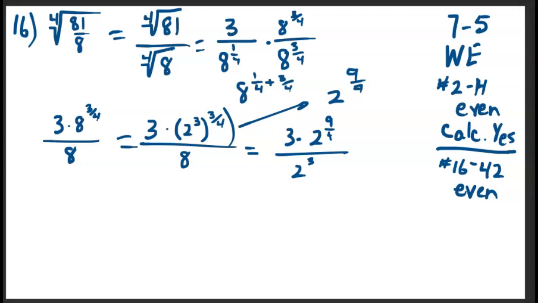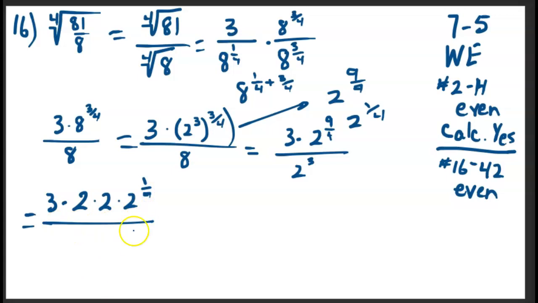And you might think, well, why am I doing that? Well, let's think about what we have on top. 2 to the 9/4 is really 2 times 2 times 2 to the 1/4, right? And then downstairs we'd have 2 times 2 times 2, 2 cubed.